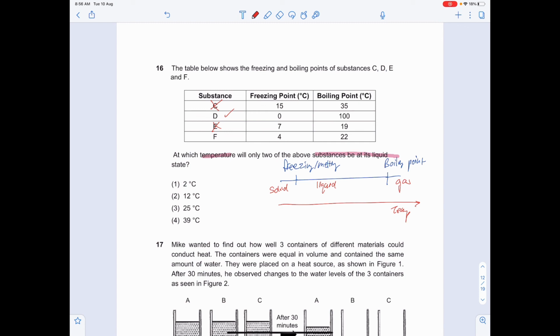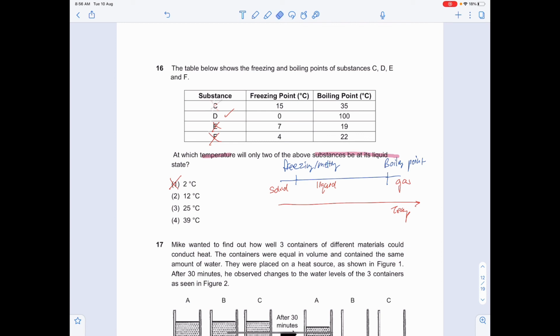So since 2 is below 4, it will still be a solid, so no. So straight off the top, I know that there are 3 that are not in a liquid state, and only 1 is. So this does not fulfill my 2. So right off the top, I know that answer 1 is wrong.